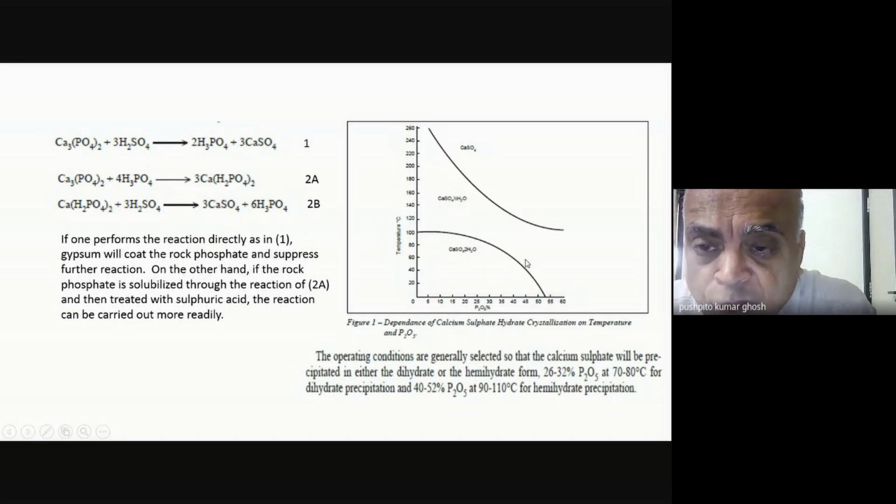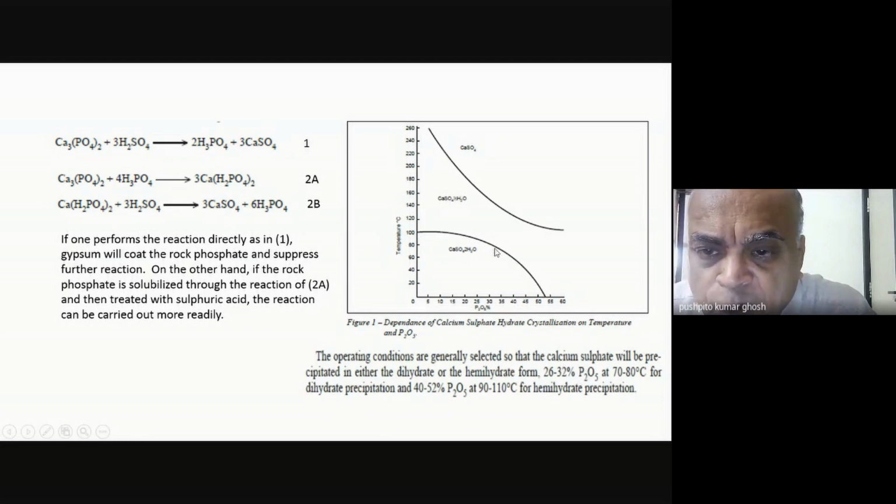Okay? So if your plant is focused on producing phosphoric acid where you want calcium sulfate 2H2O to be obtained, then you'll use a reaction temperature of around 50 to 60 degrees centigrade, and the concentration of your phosphoric acid that you'll get will be around 26 to 32% P2O5.